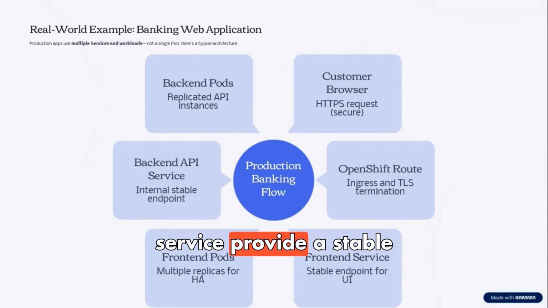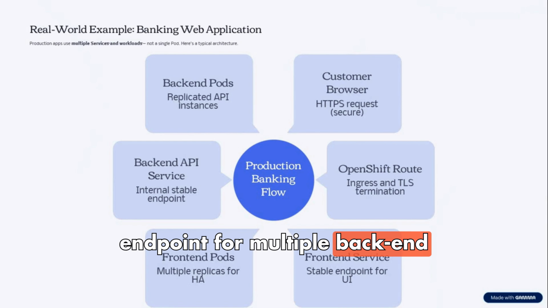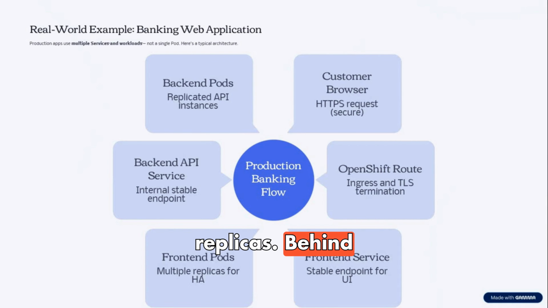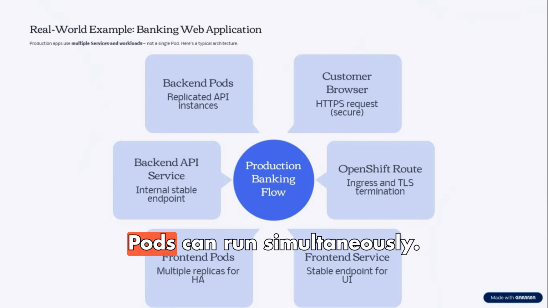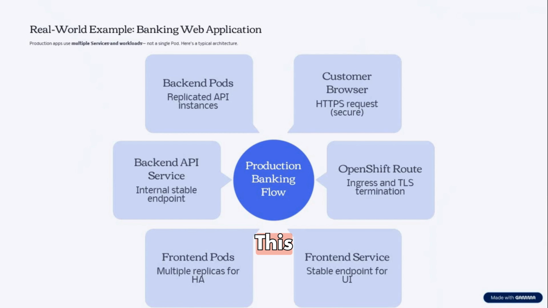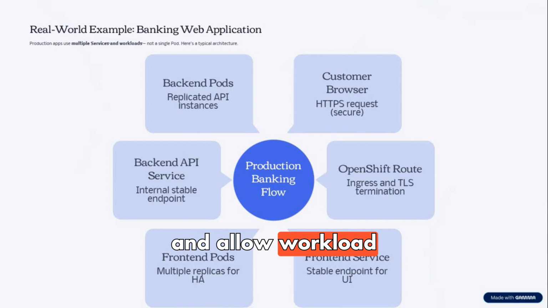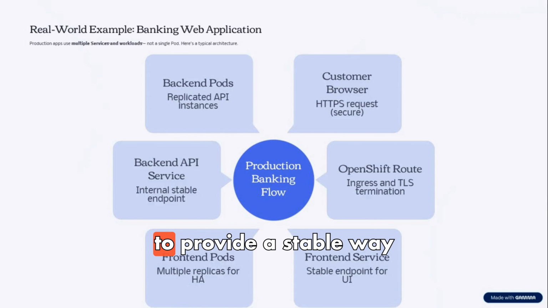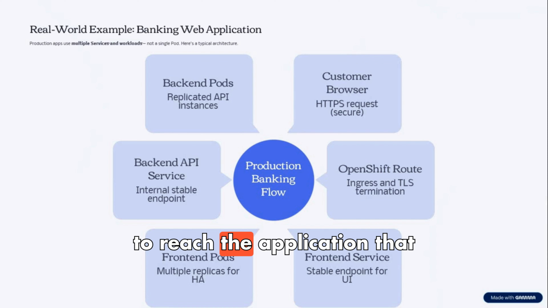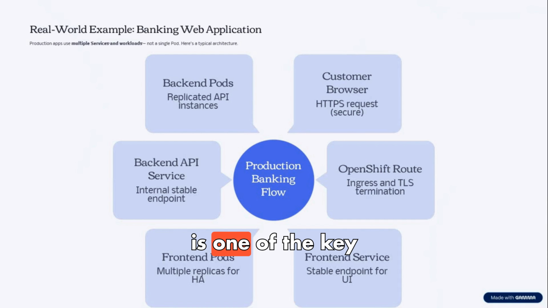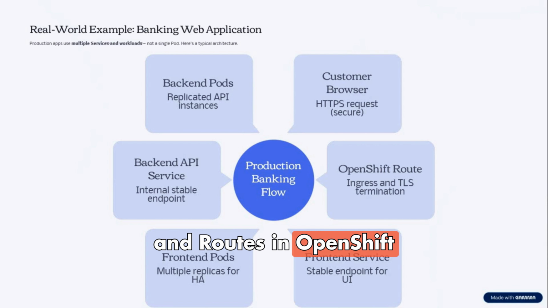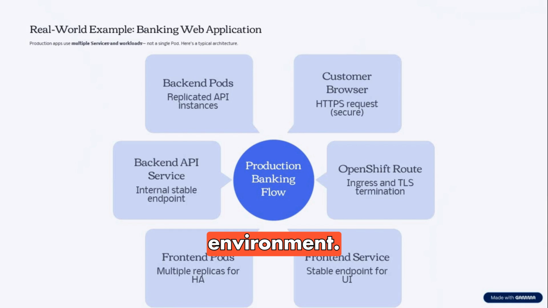That service provides a stable endpoint for multiple back-end replicas. Behind these services, multiple pods can run simultaneously. This gives the application better availability and allows the workload to scale. Most importantly, if one pod restarts, the service continues to provide a stable way to reach the application. That is one of the key benefits of using services and routes in an OpenShift environment.